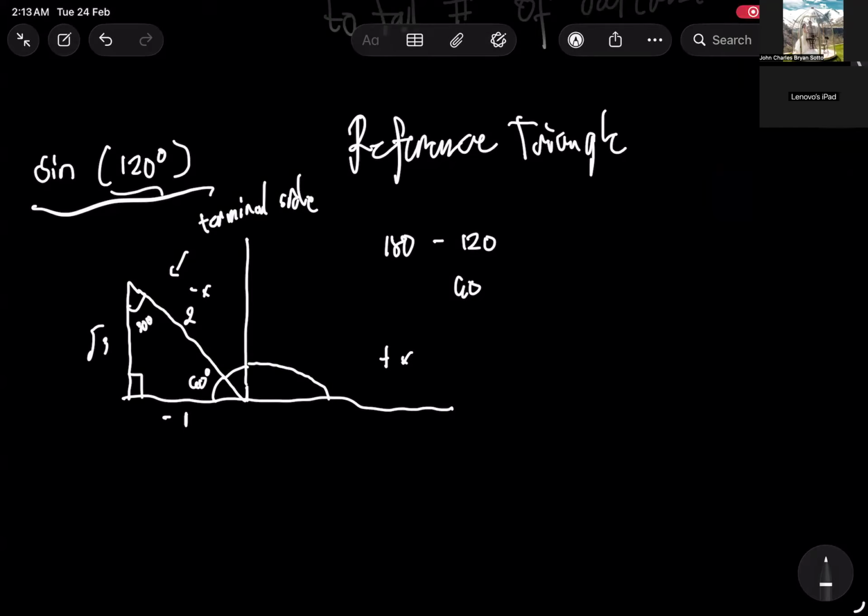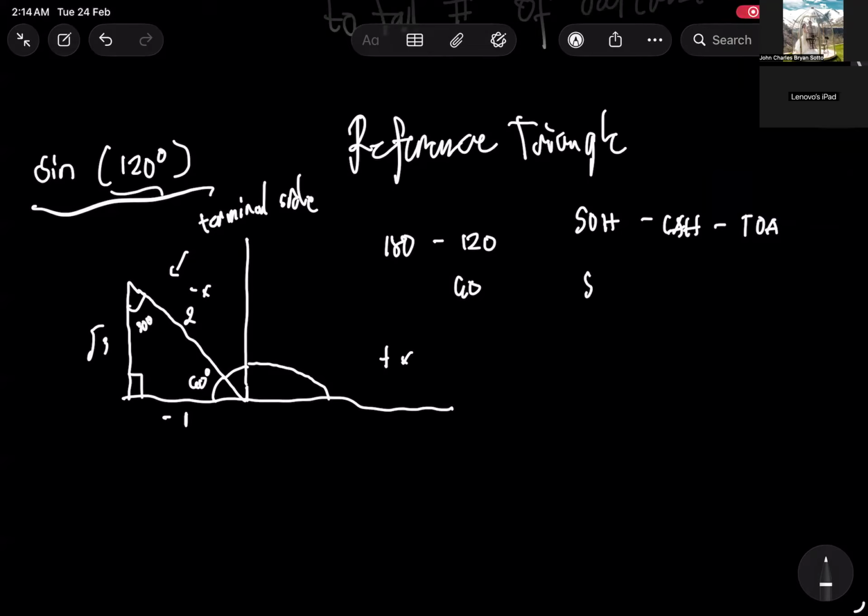How do we solve sine 120? Syempre, gagamitin natin yung reference angle natin na 60 kanina.